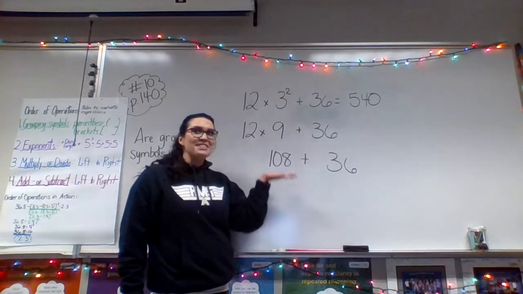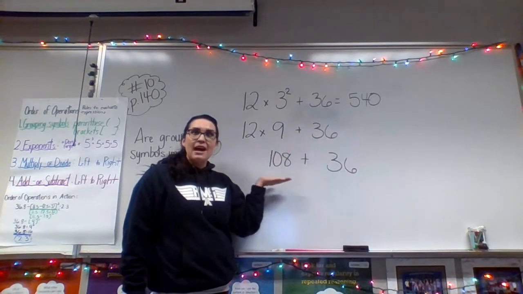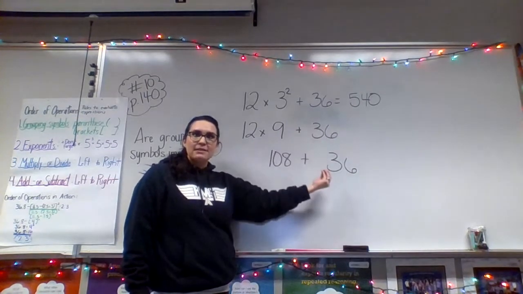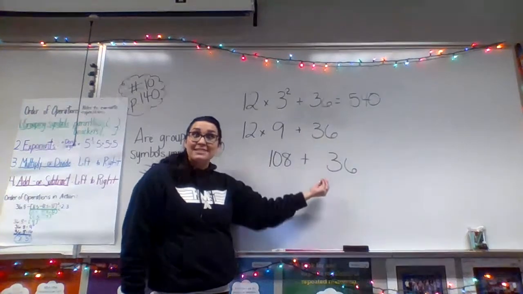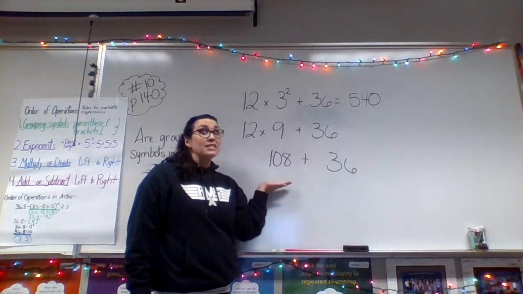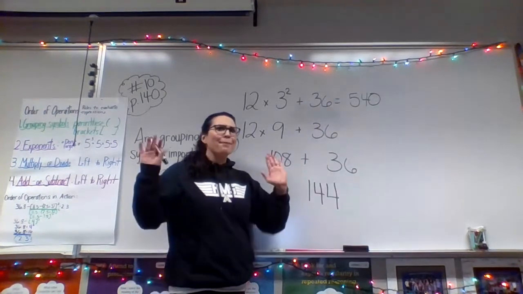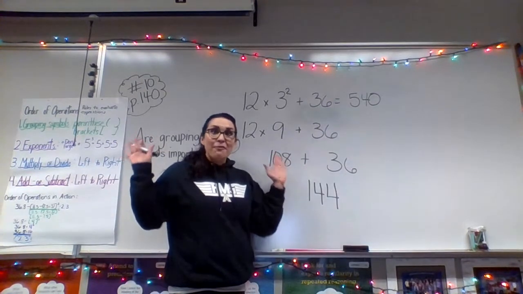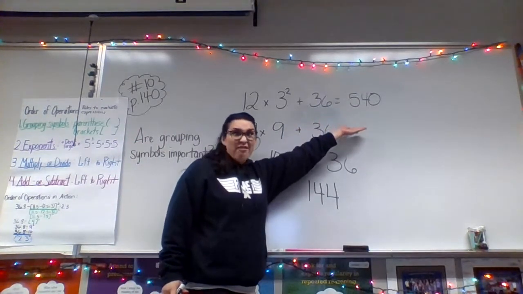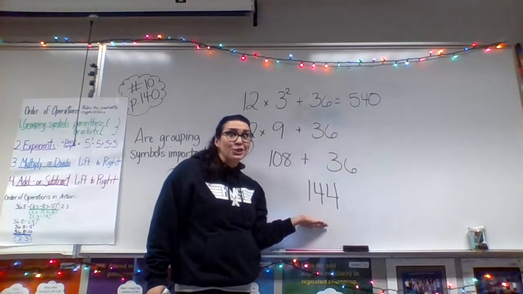When I did my operations for 12 times 9, I got an answer of 108. And the last piece of my expression is to add 36. So what's 108 plus 36? That's 144. But wait, let's think about this. If you remember, the goal was that I was supposed to get 540, but I only have 144.